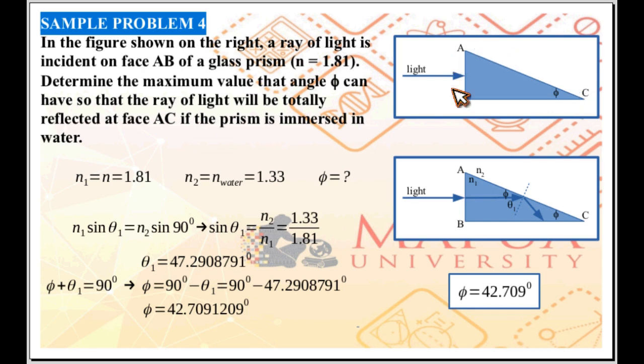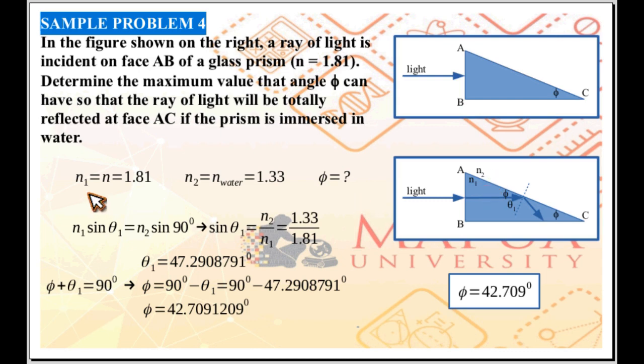So, the prism is surrounded by water. We have two media, the glass making up the prism and the water surrounding the prism. We are to determine angle phi. So, we have two media. Let the glass be medium 1 and the water be medium 2. So you have N1 and N2.